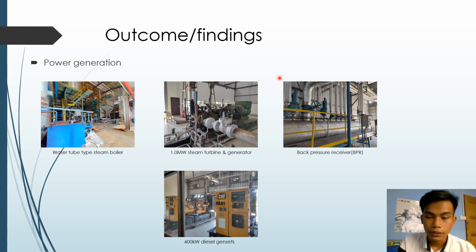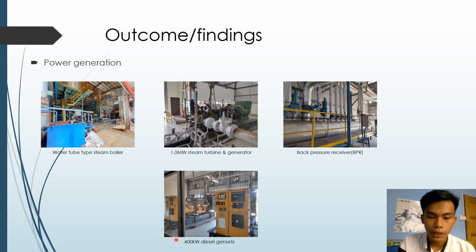Next, the steam from the exhaust of the steam turbine will be received at the BPR, which is the back pressure receiver. This equipment functions to regulate and distribute the steam for other uses such as sterilization, press, oil room, CPO storage, and etc.